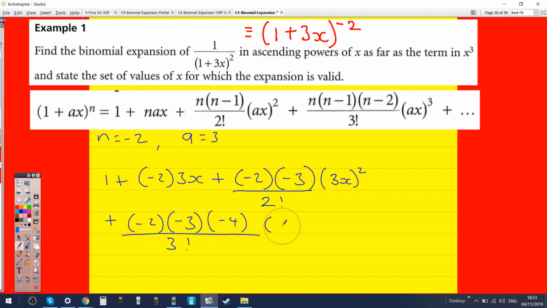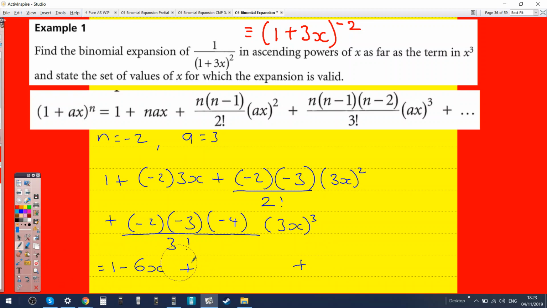So you get 1 minus 6x plus 6 over 2 9x squared, minus 6 minus 2 4, so minus 24 over 6 9x cubed, 27x cubed.